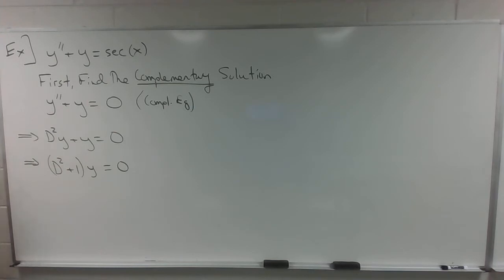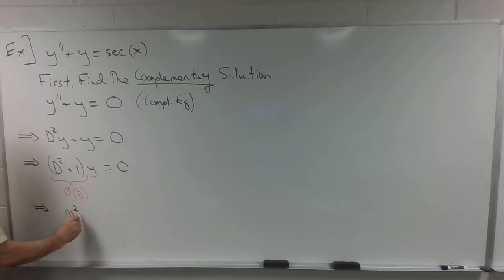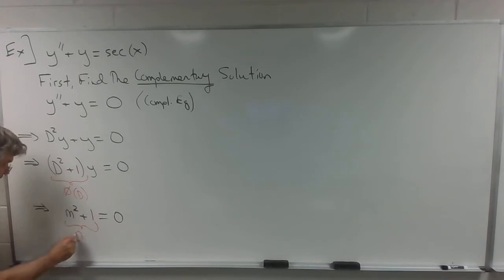And this exposes the auxiliary polynomial, phi of D. So we write the auxiliary equation, m squared plus 1 equals 0. And the left-hand side is just the polynomial phi evaluated at m.